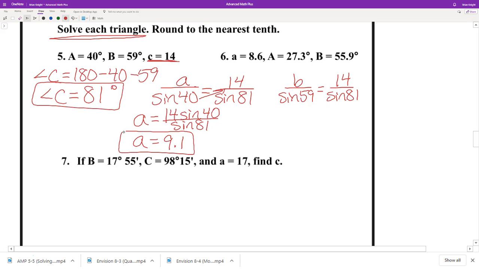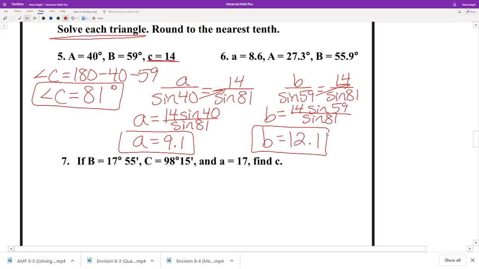So again, I've got B over the sine of B equals C over the sine of C. I take my sine of 59, move it over there. B will be 14 sine of 59 over the sine of 81. And you put that in your calculator, you should get 12.1.